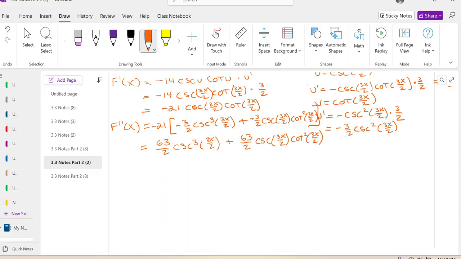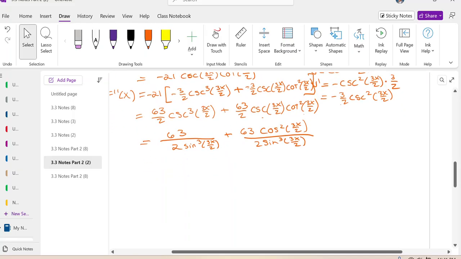Now, if we turn everything in terms of sine and cosine, this would be 63 over 2 sine to the third 3x over 2, plus 63 cosine squared 3x over 2 over 2 sine to the third 3x over 2.